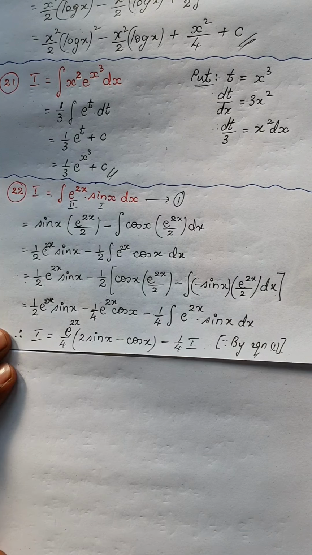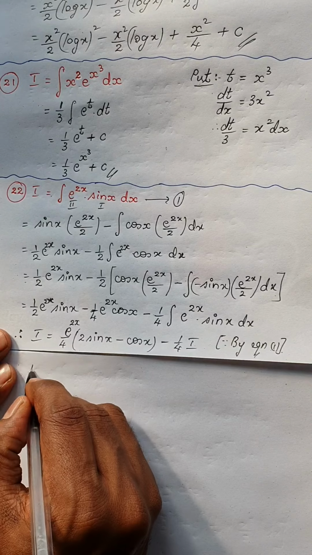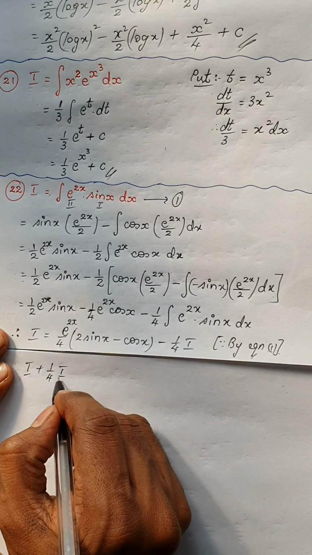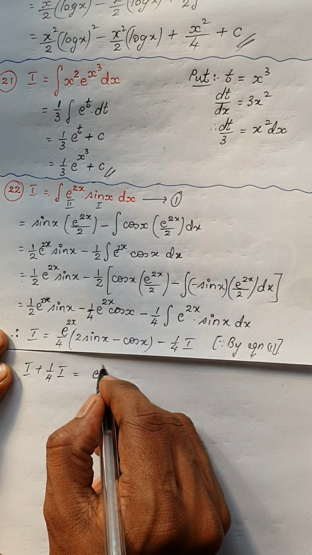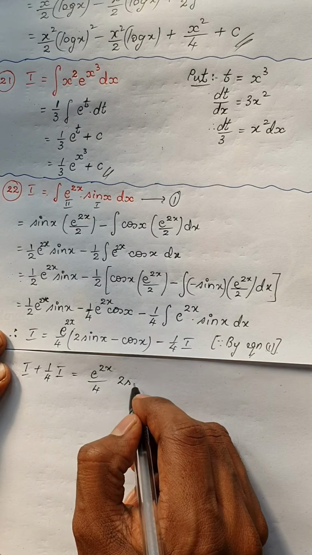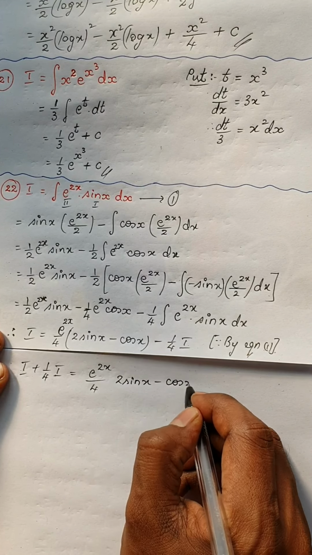See what happens. So bring this term to the left hand side. I have I plus 1 by 4 I, so this would be e power 2x divided by 4 into 2 sin x minus cos x.